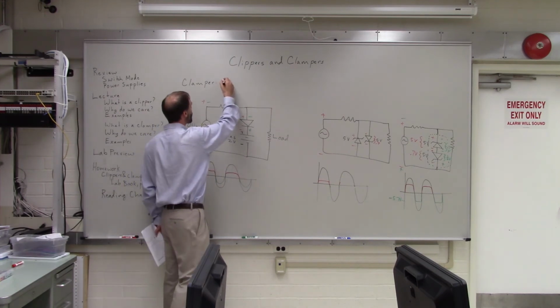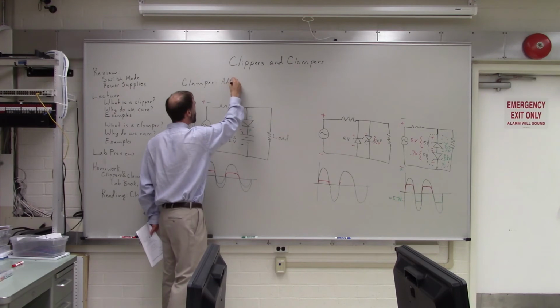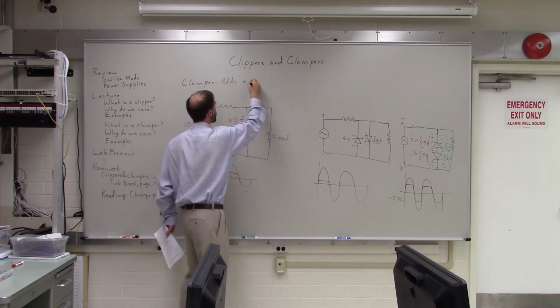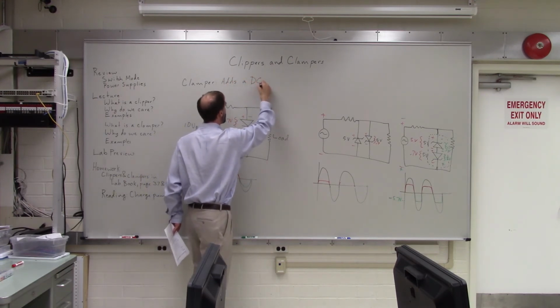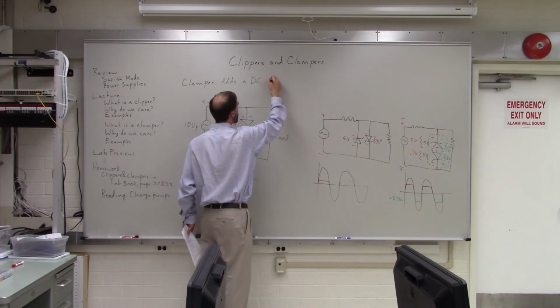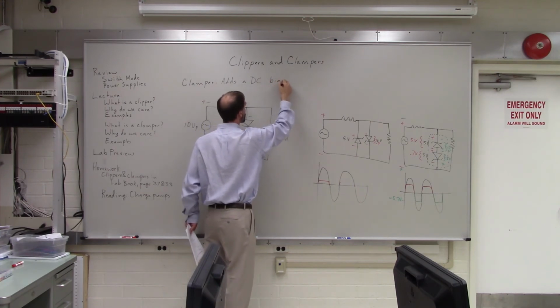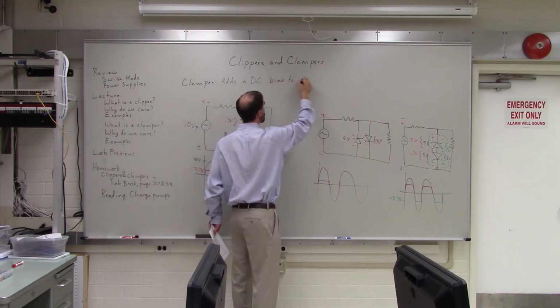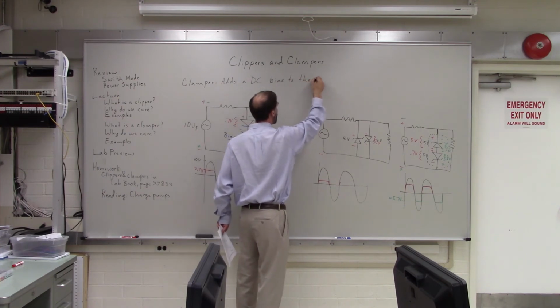A clamper circuit is one that adds a DC bias to the output.